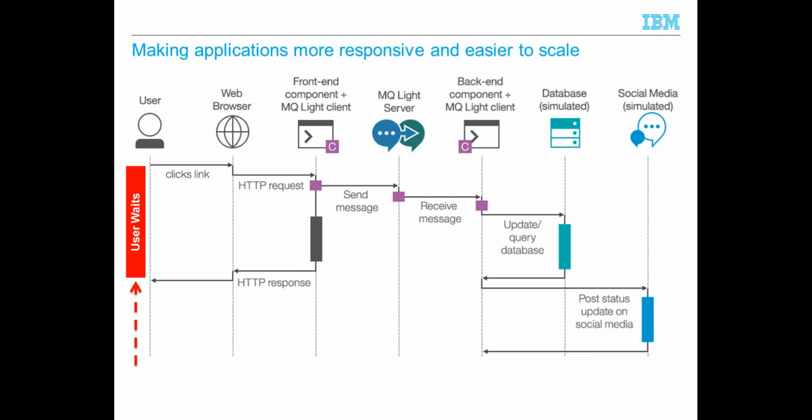Whereas if you decompose that application, if you split out the front-end part that receives the request and says, yep, doing that, into a small lightweight front-end component, and then use MQ-Lite to handle the work, passing the work to a back-end component, that's going to take care of making sure the database is updated and the post is actually sent.